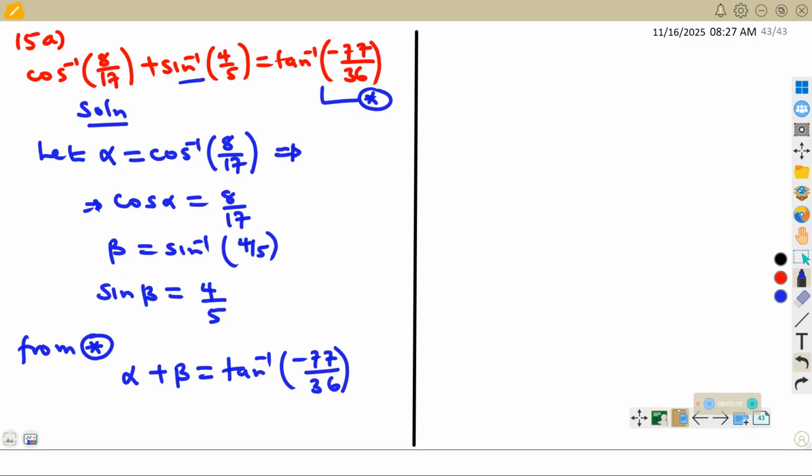From here, we introduce tan on both sides, so tan of alpha plus beta is the same as tan of tan inverse of negative 77 over 36.